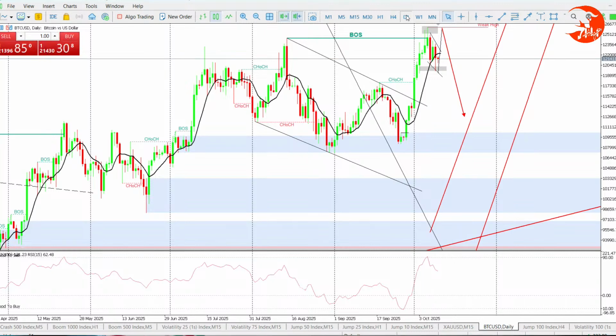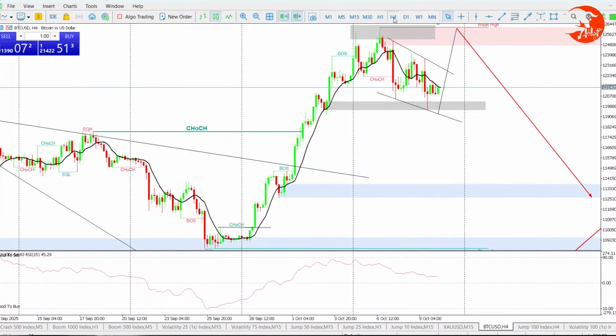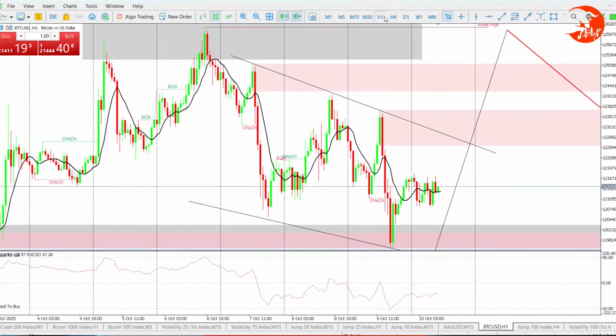Right, we have that according to daily. We have a weak high there, so price can eventually break and continue with an uptrend. So according to H4, we should be looking for sales, but the structure says different.